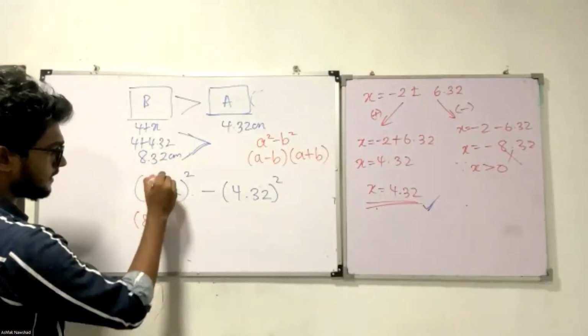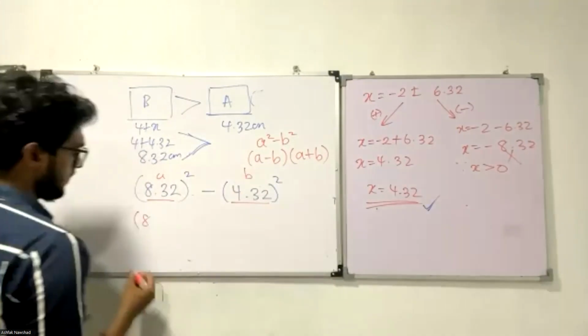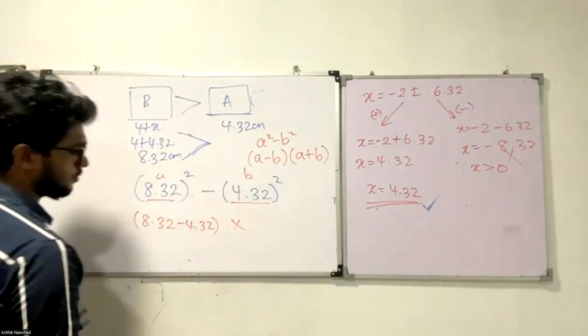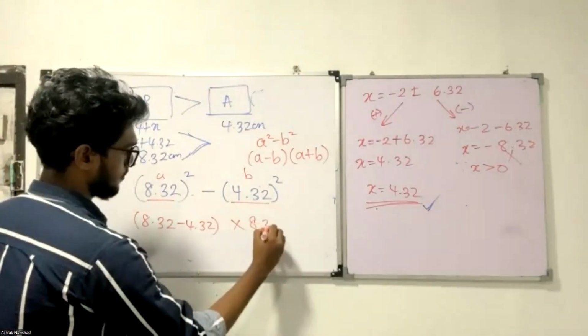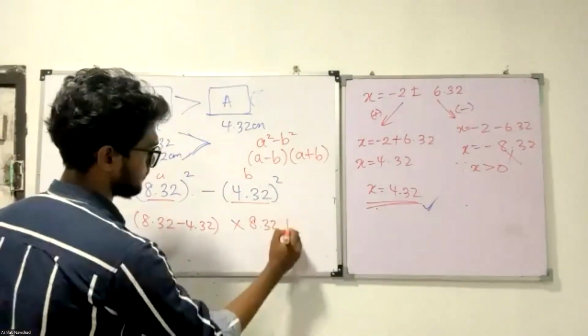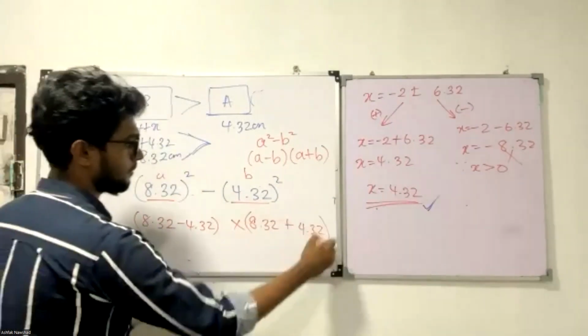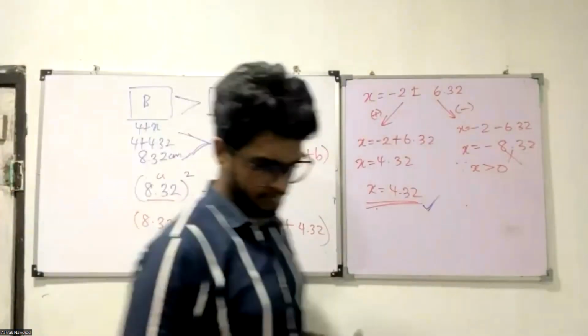Consider this to be A and consider this to be B. So A minus B into A plus B.